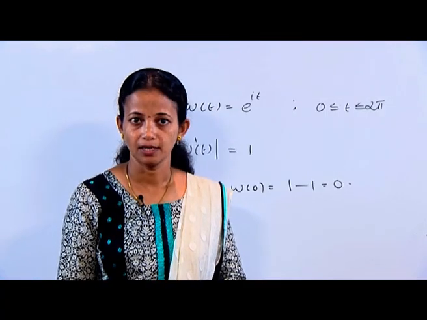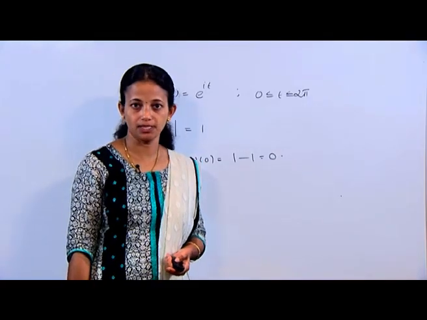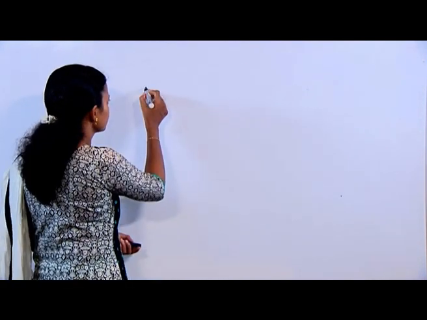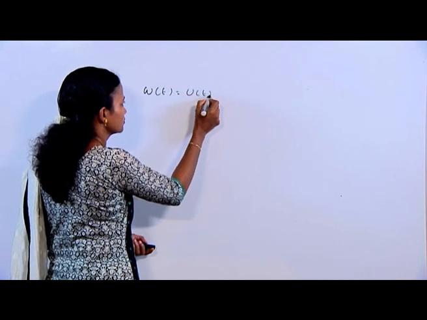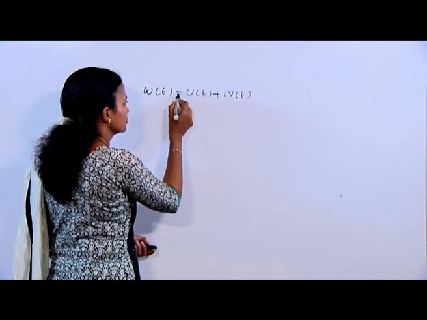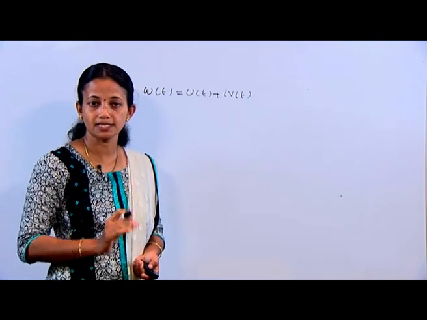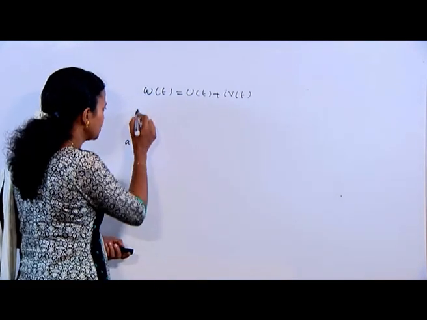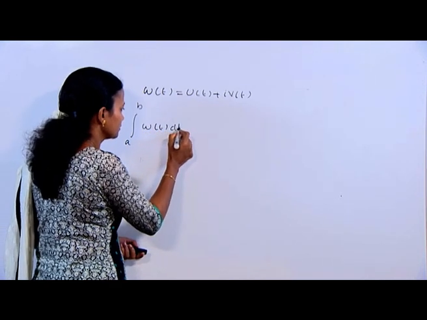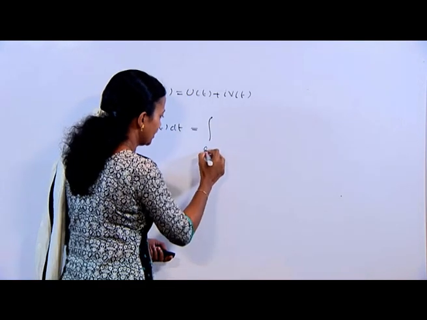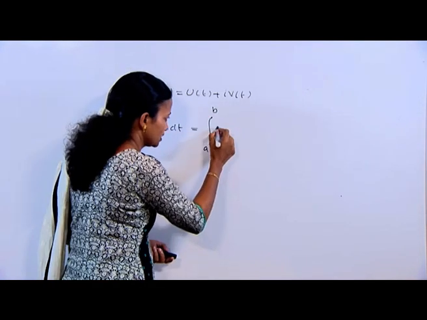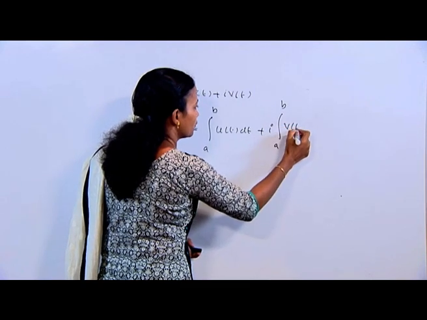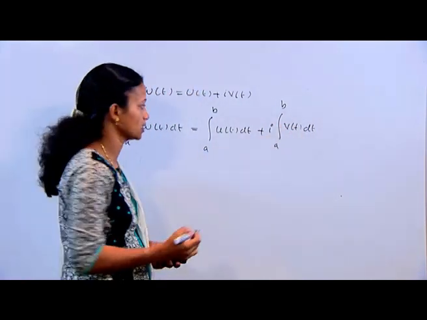Definition: definite integrals of functions of the type w(t) is equal to u(t) plus i v(t) over the interval a less than or equal to t less than or equal to b are defined as integral a to b w(t) dt, which is equal to integral a to b u(t) dt plus i into integral a to b v(t) dt. Mark it as equation number 7.